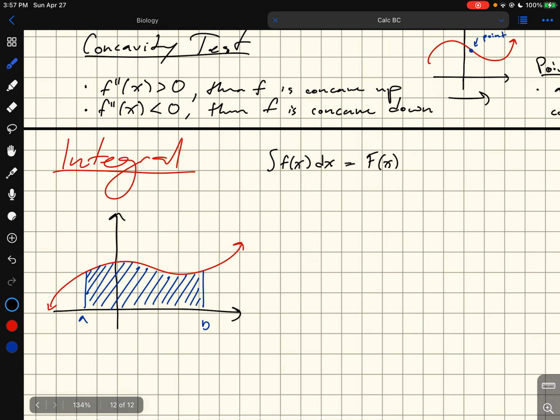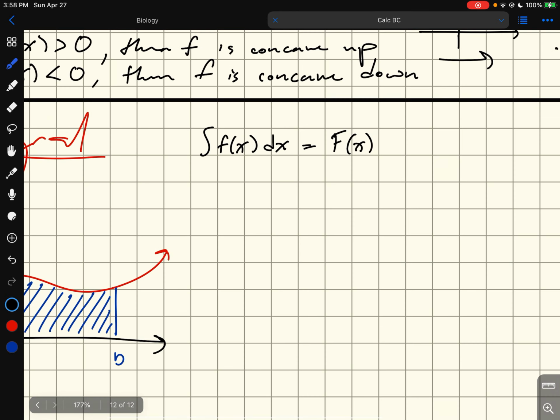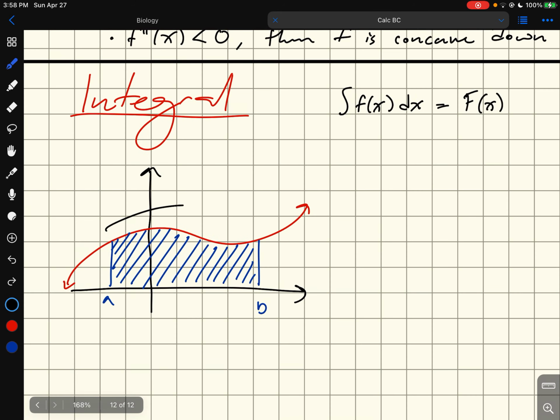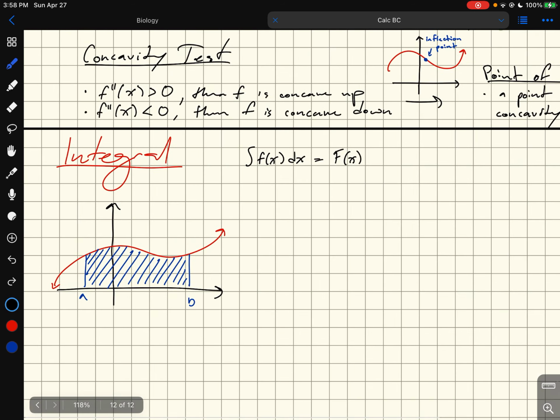So antiderivative and integral are very, very similar. They're almost the same thing, but you can't exactly call them the same thing. Antiderivative is the opposite of a derivative, whereas integral is like you adding stuff up over an interval. So that's an integral.